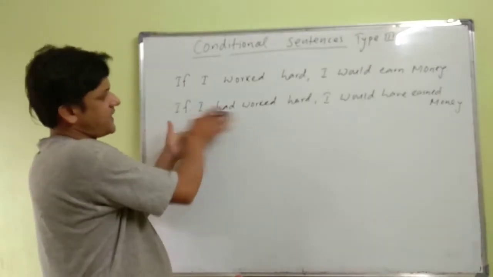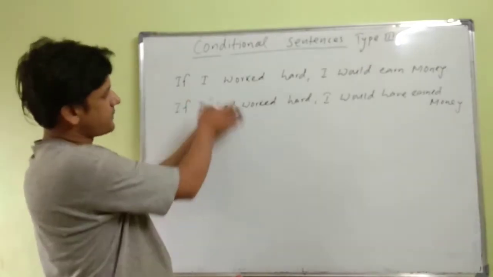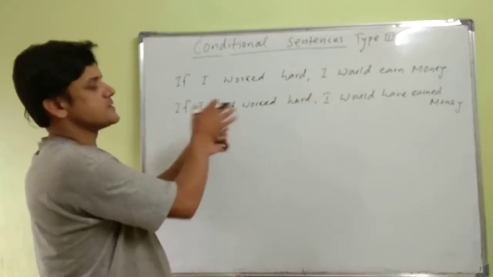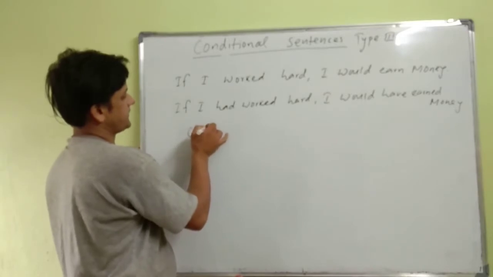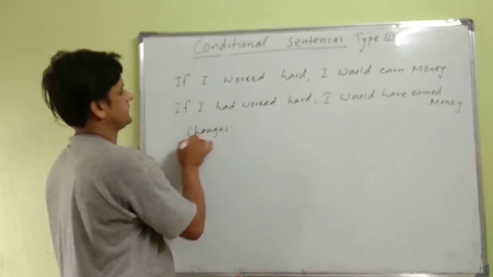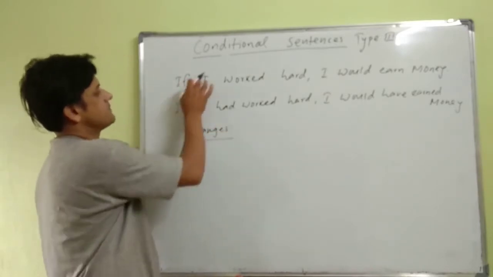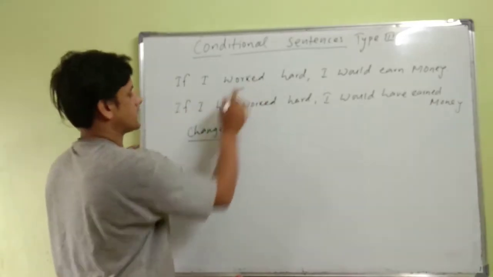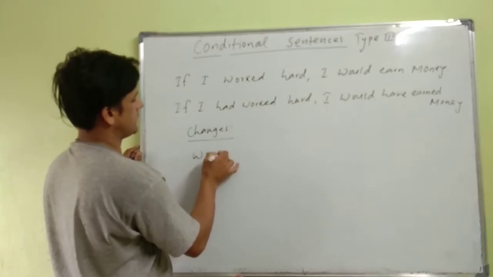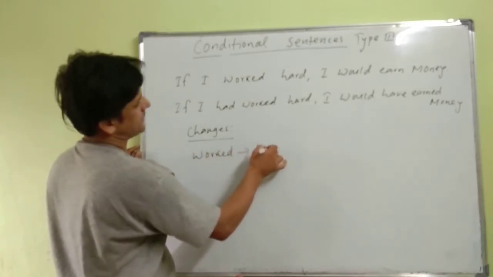So to find it out, we need to compare what has actually changed here. What changes? The subject is the same. But here worked has been changed into had worked.